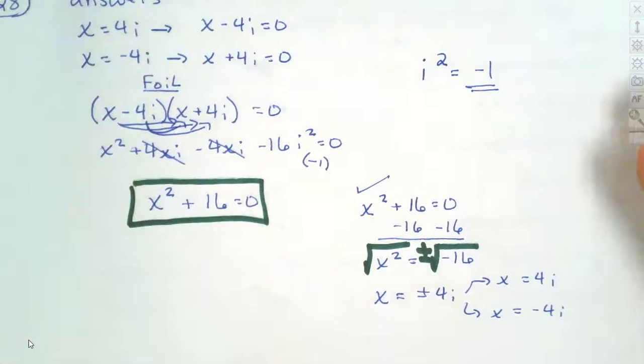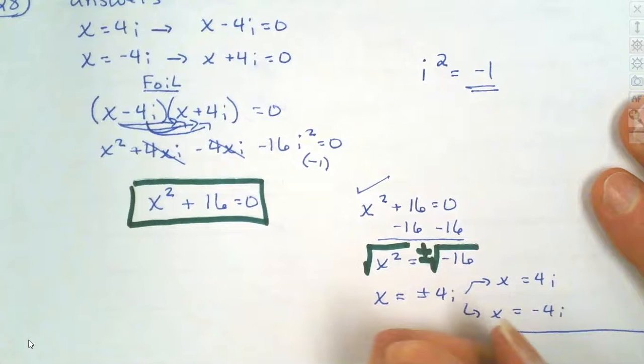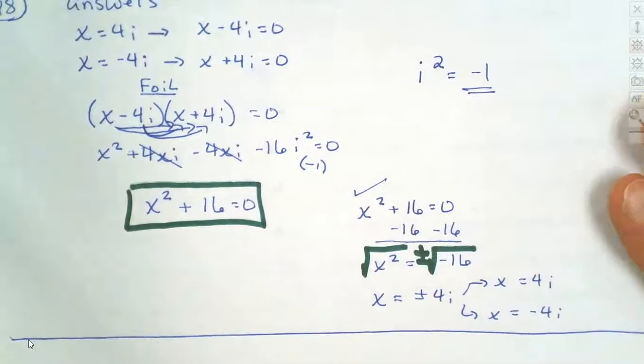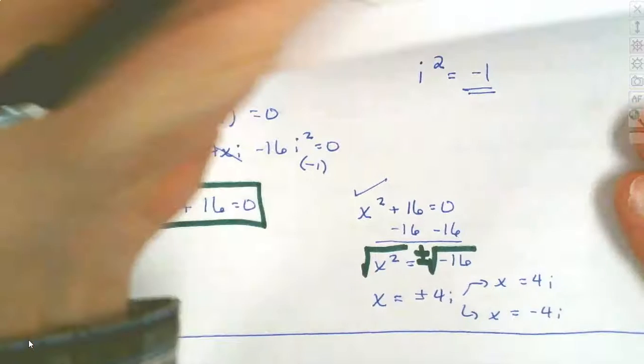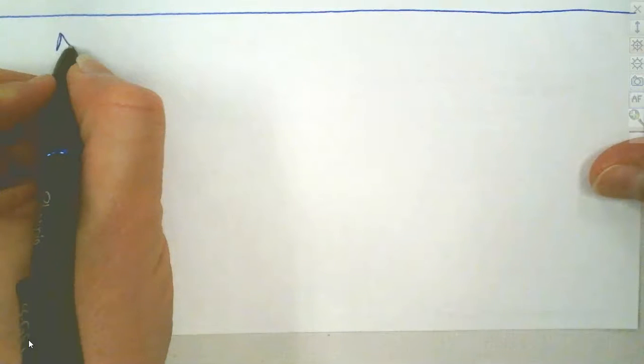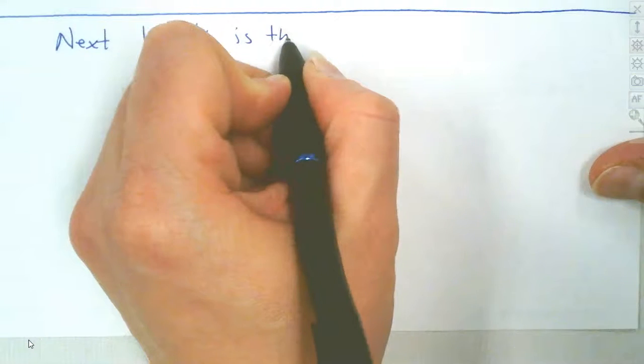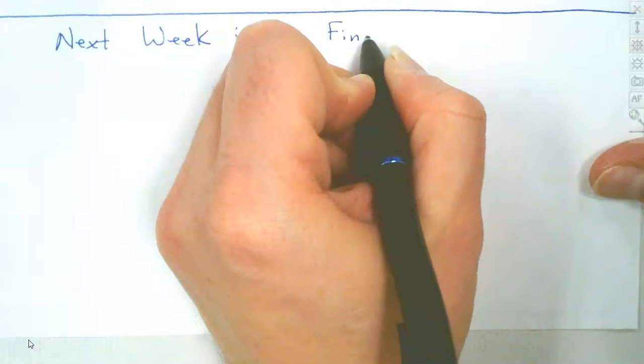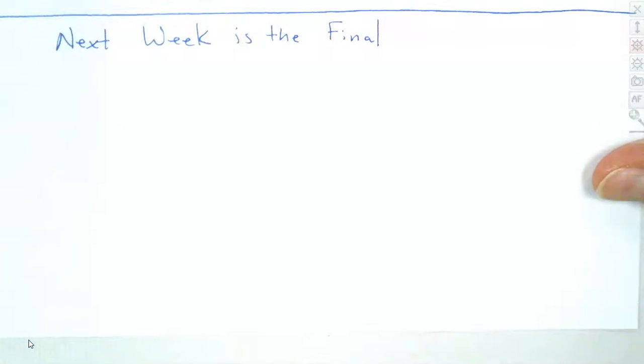So let's talk about what's going to be due next class period. What's happening next week. So next week is our final exam. So that's going to be it for the class. Next week will be it. So next week is the final.